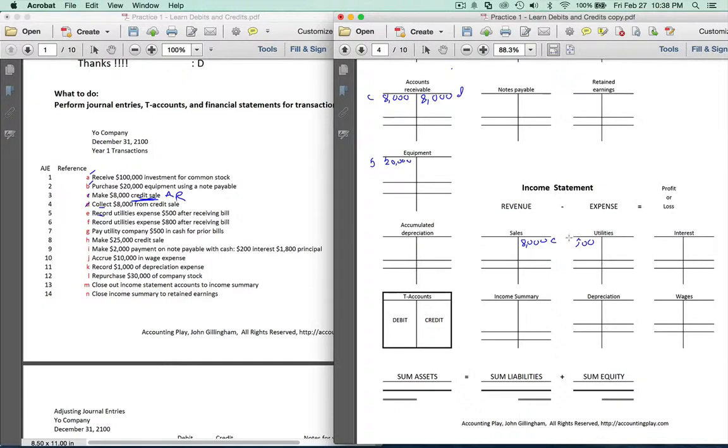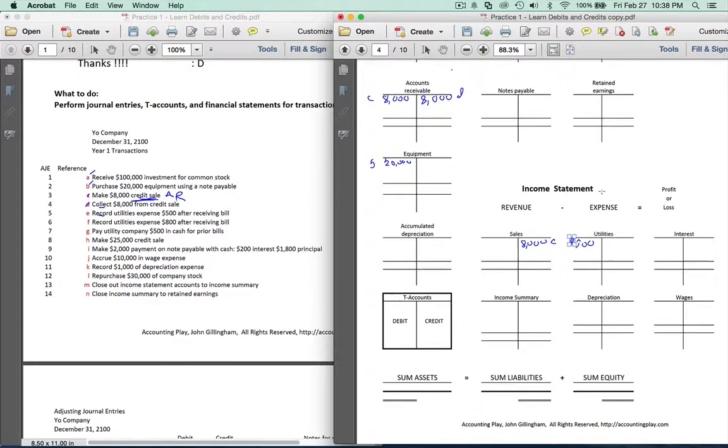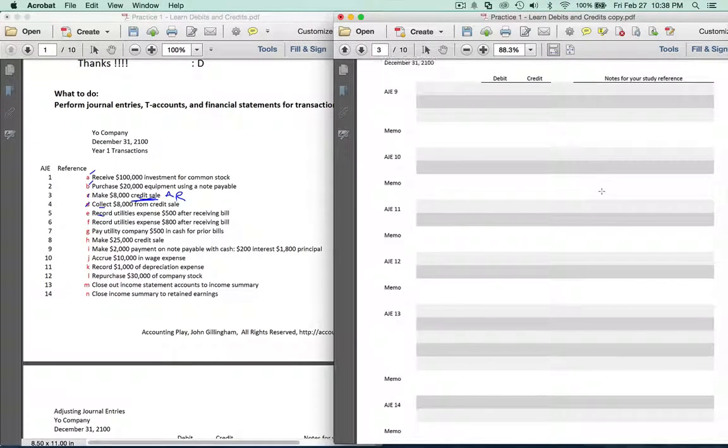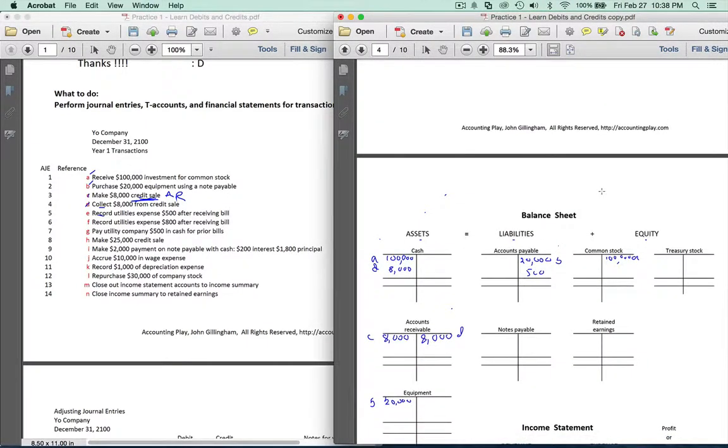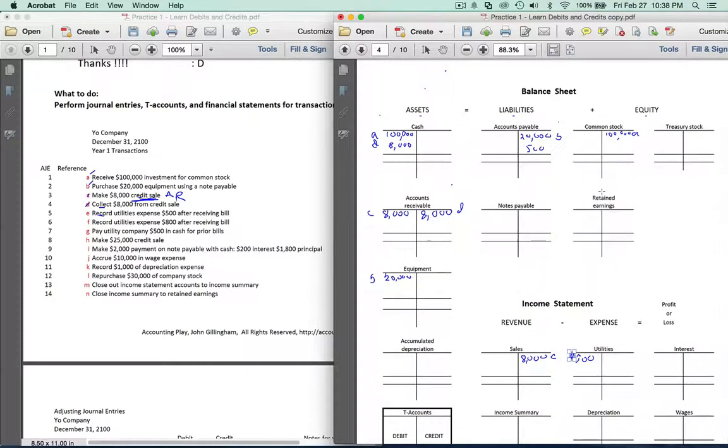That is going to be E. Pretty sweet. So I'm going to go ahead and temporarily, just for fun, close these accounts out just so you could see what that would look like. You would add up 100,000 plus the 8, which would equal 108,000.